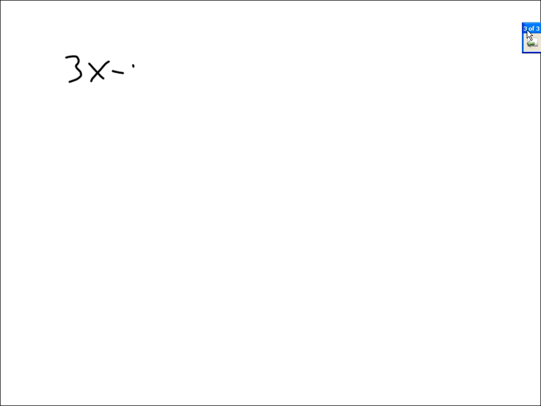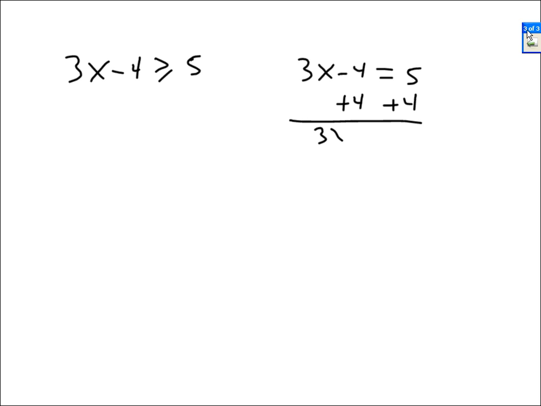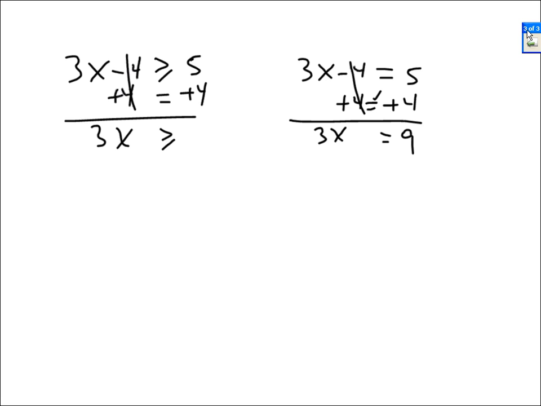3x minus 4 is greater than or equal to 5. Treat that symbol like an equal sign. If it were equal to 5, the first thing you would do would be add 4 to both sides, and you would get 3x equals 9. We do the same to both sides in the real problem, and you get 3x, but instead of equal, it's greater than or equal to 9.